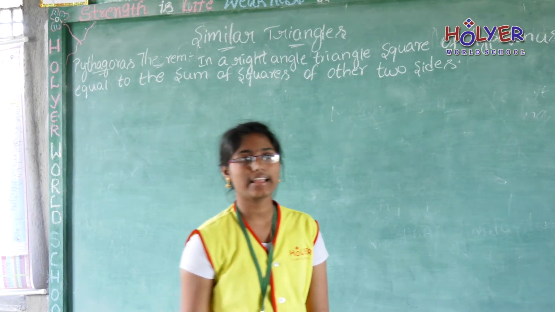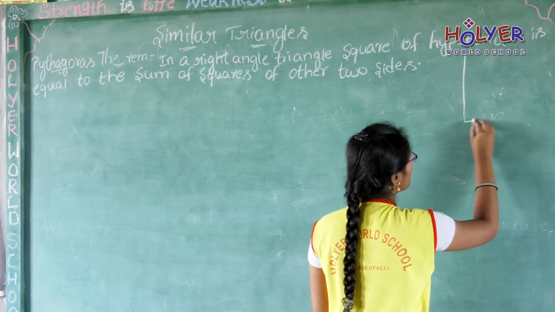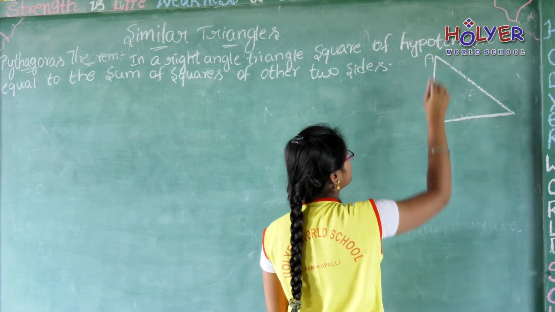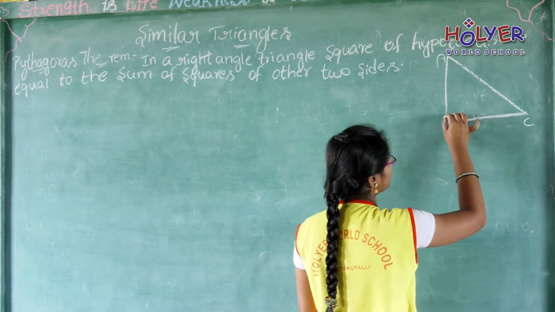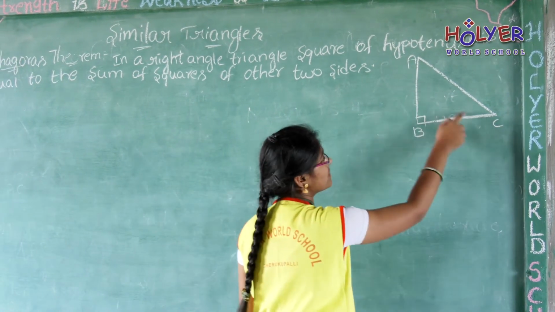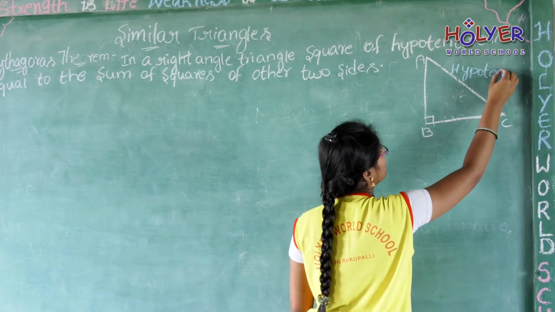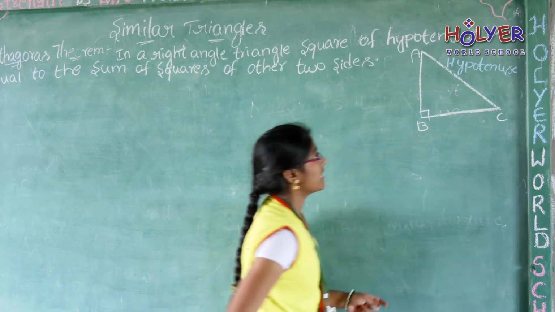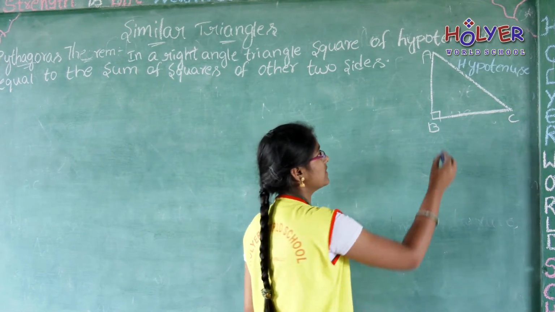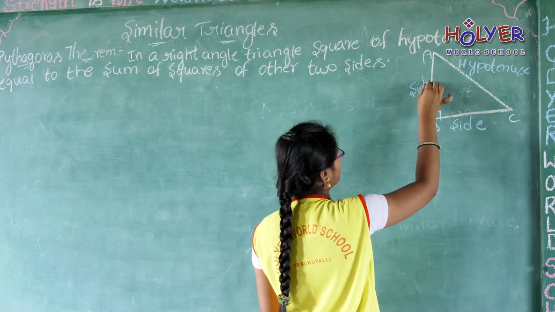Let me consider a right angle triangle ABC, right angle at B. Here AC is known as the hypotenuse. The side which is opposite to the right angle is known as the hypotenuse, and this is one side and this is another side.